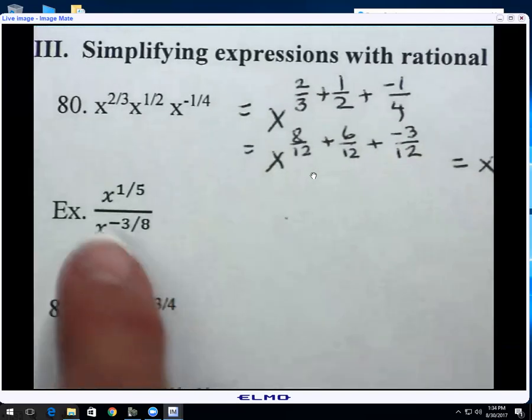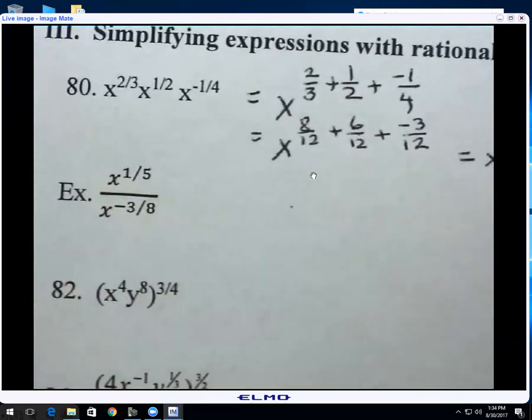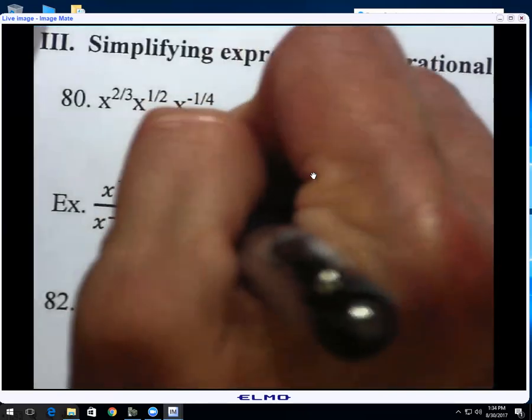All right. This next example, if I had to do it with radicals, it would be terrible. But with my quotient rule, I know when I divide two expressions with the same base, what do I do with the exponents? Subtract the bottom exponent from the top exponent. Tell me what common mistake I'm making right here.